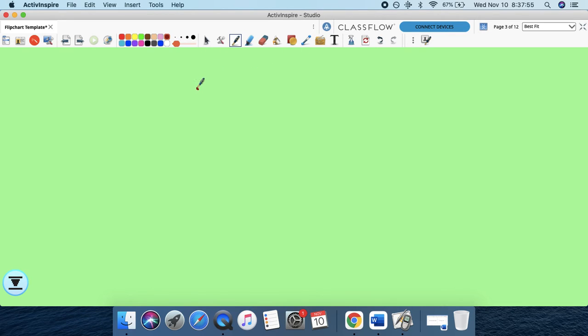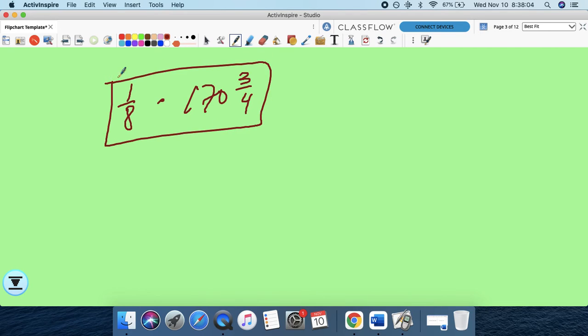Okay, so an adult weighs this much, and if it weighs 1/8 of that amount, then it just means multiplication, right? So take 1/8 times 170 times 4 plus 3, that's going to give us 683, and times that by 1/8, or divide that by 8, you're going to get 85 and something.